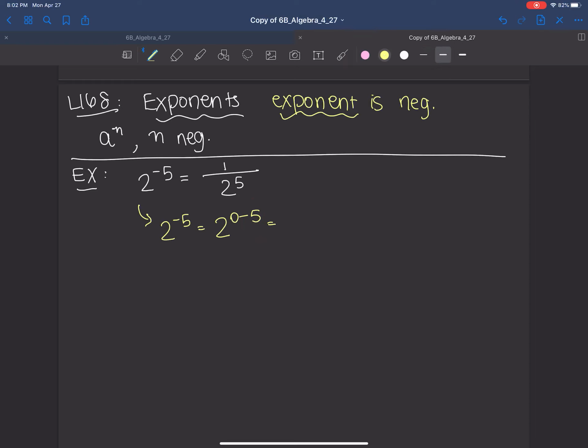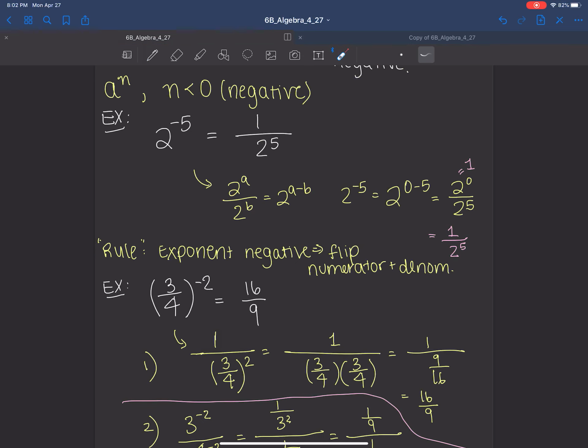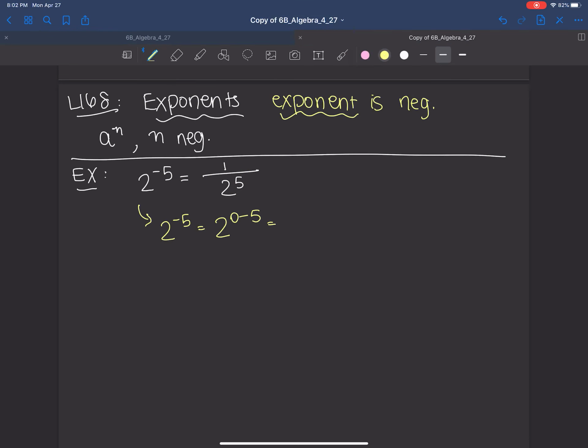And we saw that when we subtract exponents, it corresponds to writing your number in this form, where you have 2 to the first number divided by 2 to the number that's being subtracted. Okay, and then this is going to simplify rather easily. Your top is going to be 1, because it's 2 to the 0, and bottom is going to be 2 to the 5th.